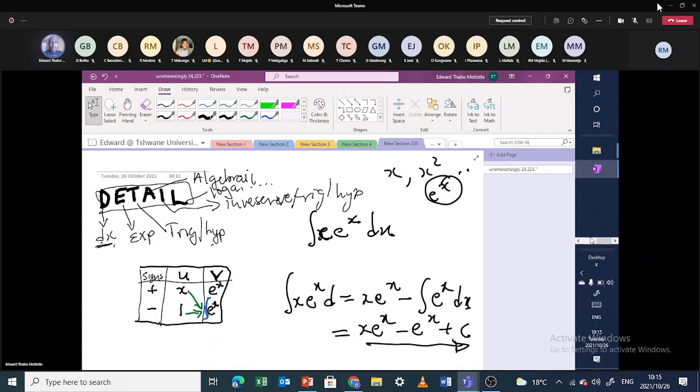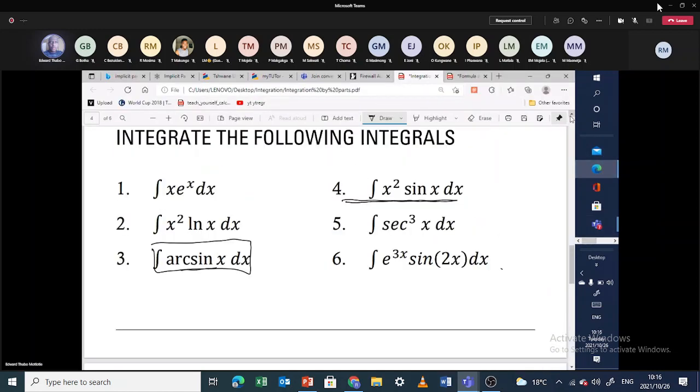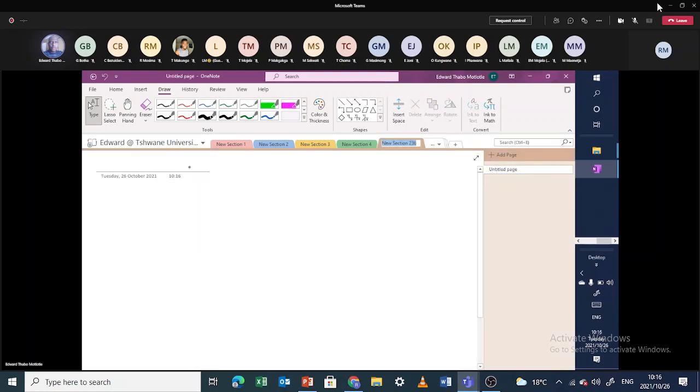Let's do the next problem using this method. Number 2 is x squared ln x dx, so we have the integral of x squared ln x dx.